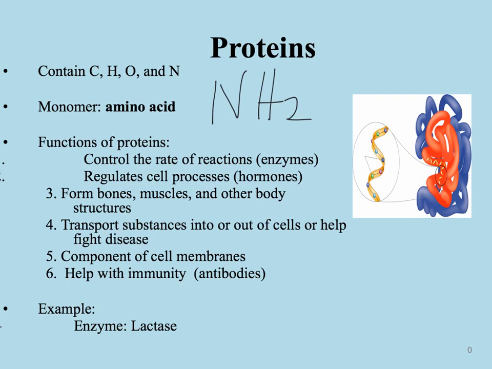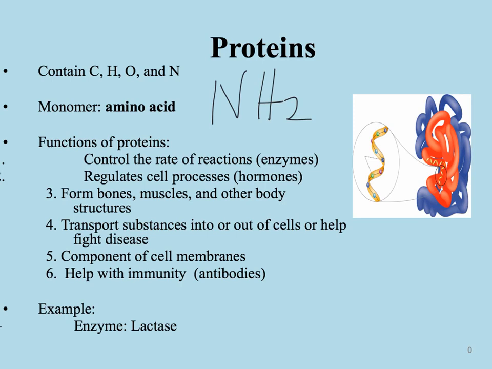The enzyme on the screen is lactase. Lactase is going to break apart lactose. And in the last video you heard me talk about catalase. So if it has that ending ASE, it is an enzyme. Not all of them are going to have that ending, but a good portion of them do.